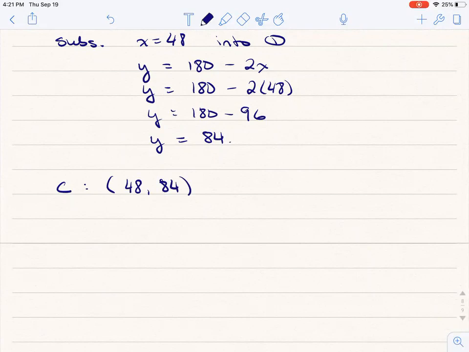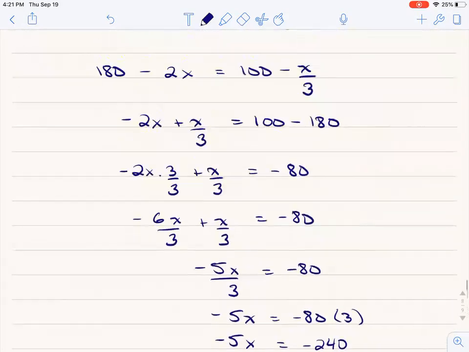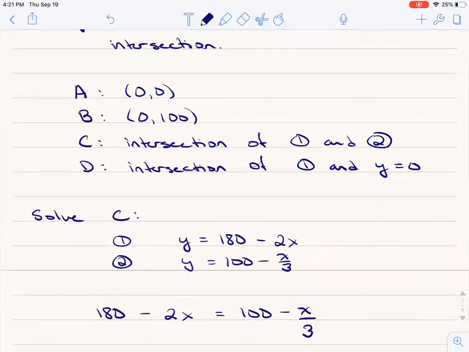Okay. So we solved that one. Now we're going to find the D intersection, our last intersection. But remember, we outlined and said, okay, well, D is just the intersection of equation 1 and y equals 0, right? Because it's crossing the x-axis.